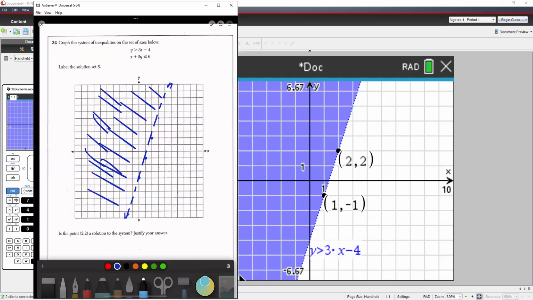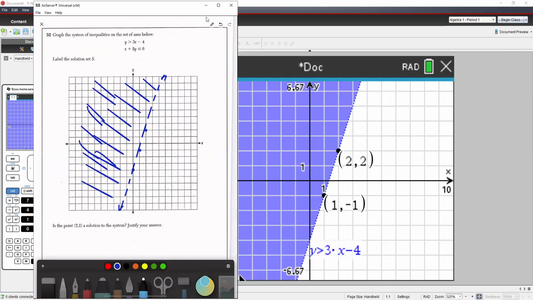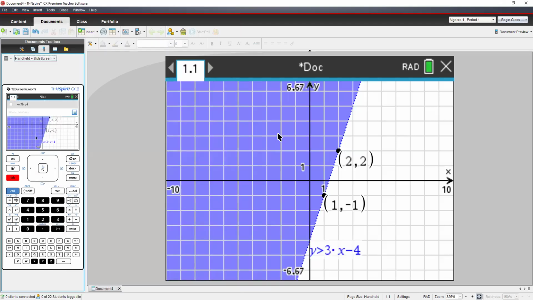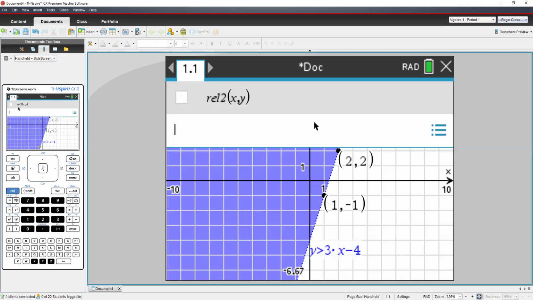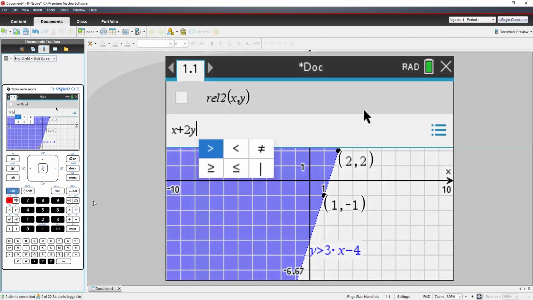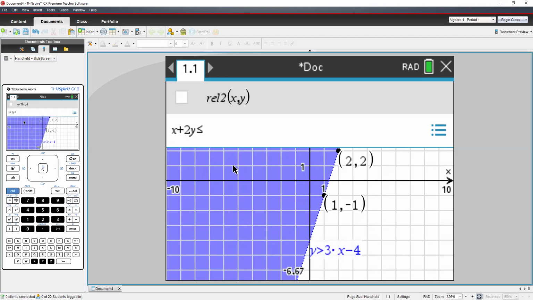Now I'm going to do the second inequality: x plus 2y is less than or equal to 6. So I press tab and enter this. x plus 2y is less than, we have to do control equal for less than or equal to 6.